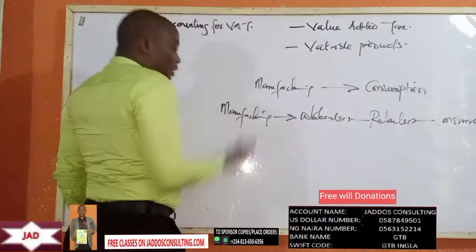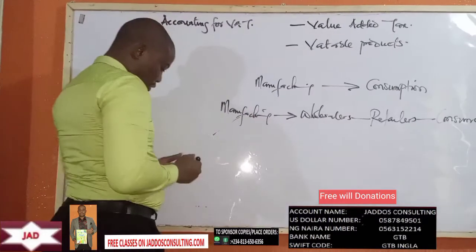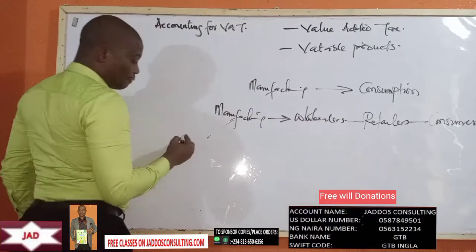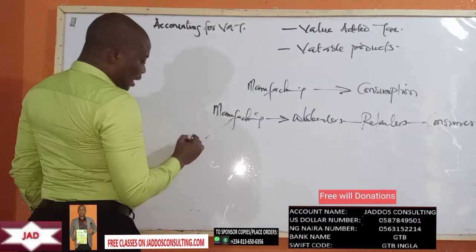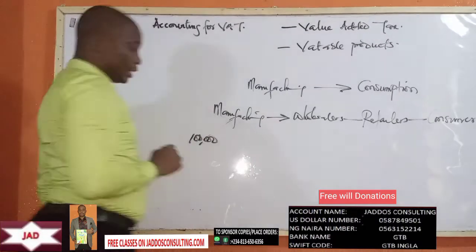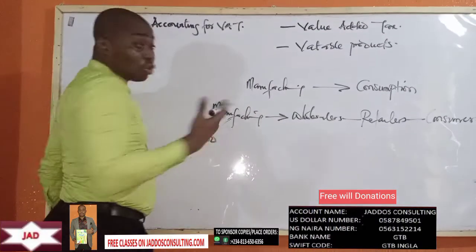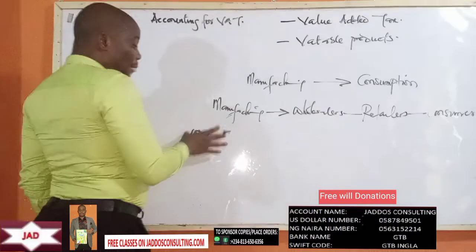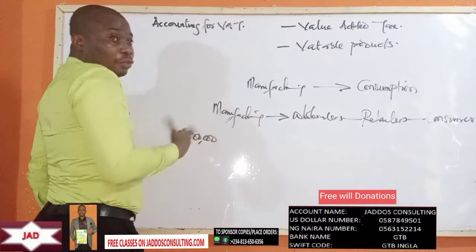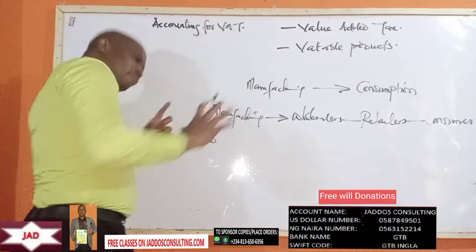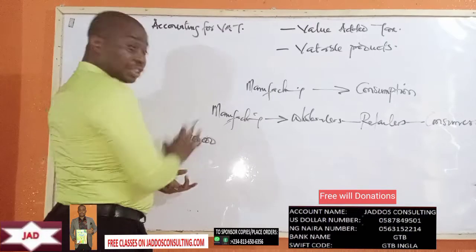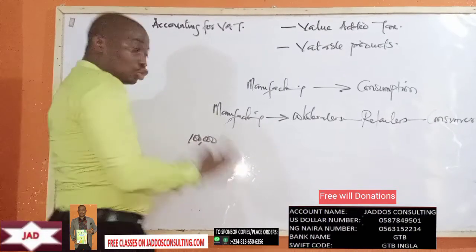So let's say the manufacturer buys a product, let's say for 100,000, and it could be raw materials. After buying it, maybe with the use of innovation processes and various things put in place, he was able to change the product to something that can be sold.